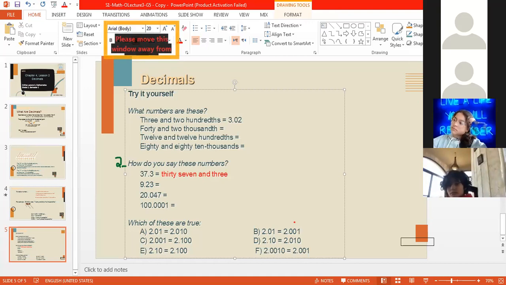Tenths. Bravo, Mohammad. 3 tenths. Excellent. So this is the word form.